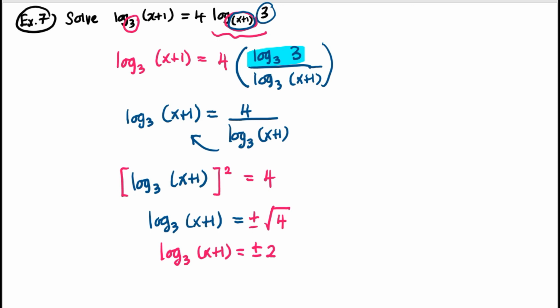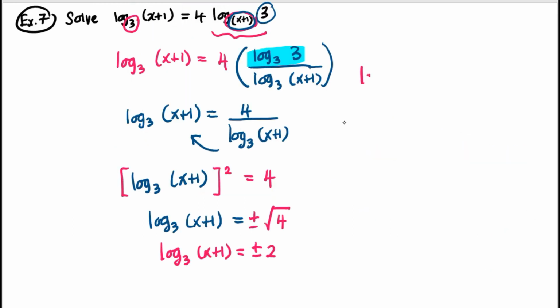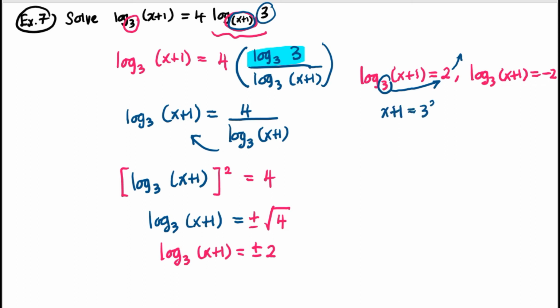Therefore, we need to solve this. First equation: we have log base 3 of x plus 1 equal to positive 2. Another one: log base 3 of x plus 1 is equal to negative 2. So we have to solve these one by one. For the first case, I bring this 3 here and the 2 becomes the power. Therefore, x plus 1 is equal to 3 to the power of 2.